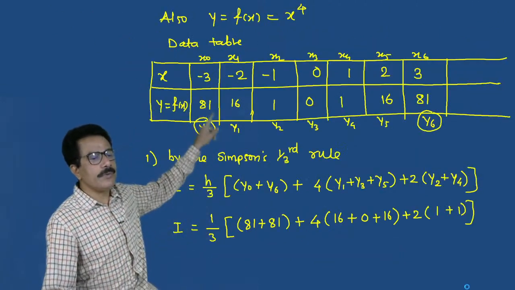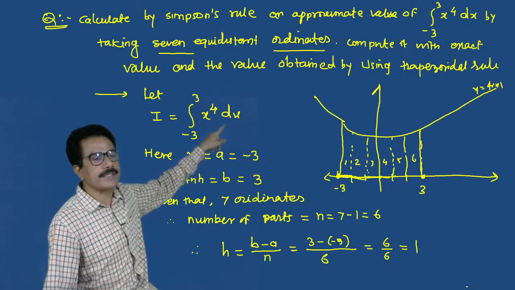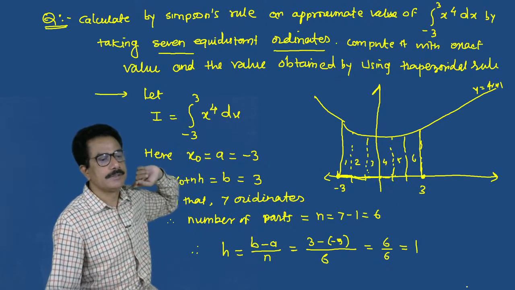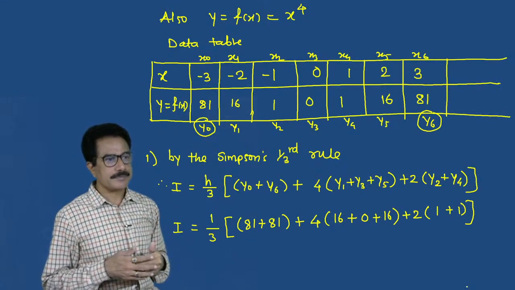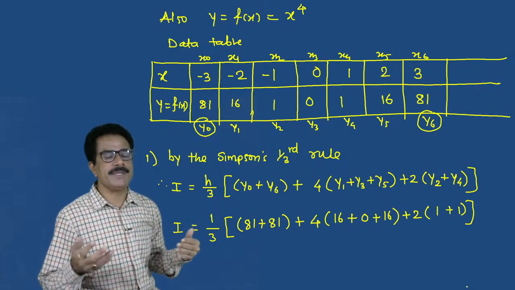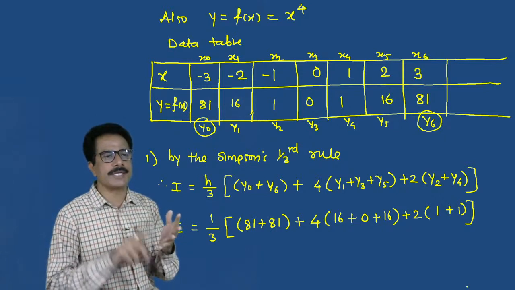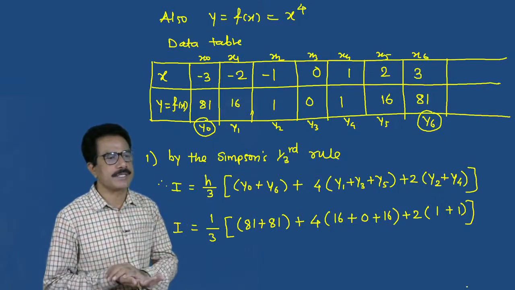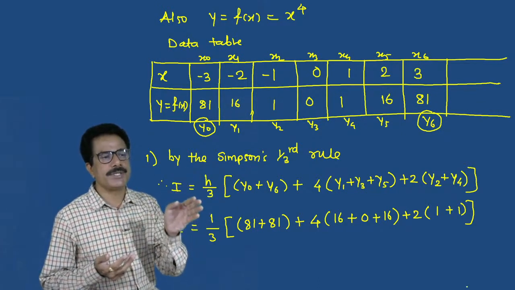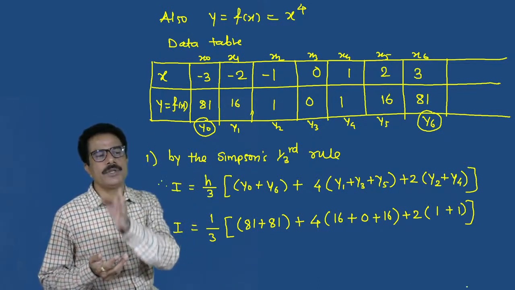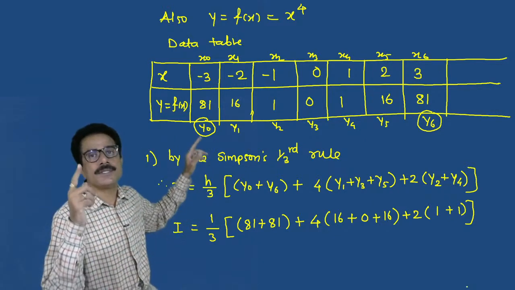Now also we consider y is equal to f of x is equal to x raised to 4. So we can write the data table. The values of x means x0, x1, x2, x3, x4, x5, x6: x0 plus h, x0 plus 2h, x0 plus 3h. In this way h is 1.